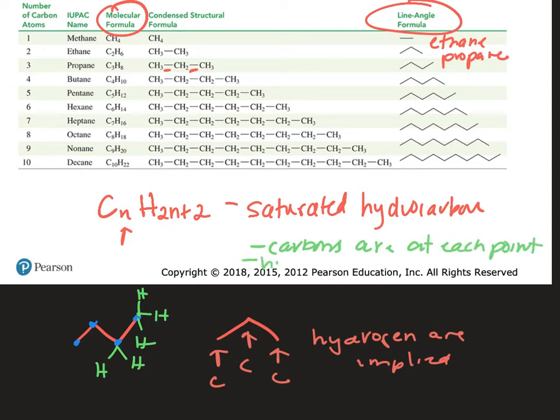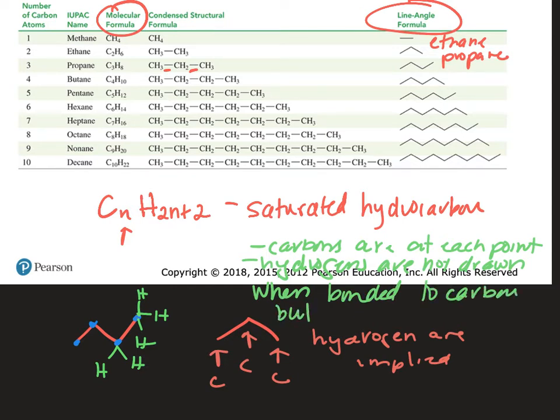The hydrogens are not drawn in when bonded to carbon, but they are implied. All right, so keep this in mind. This is setting the foundation for drawing organic structures. And you can just look here.